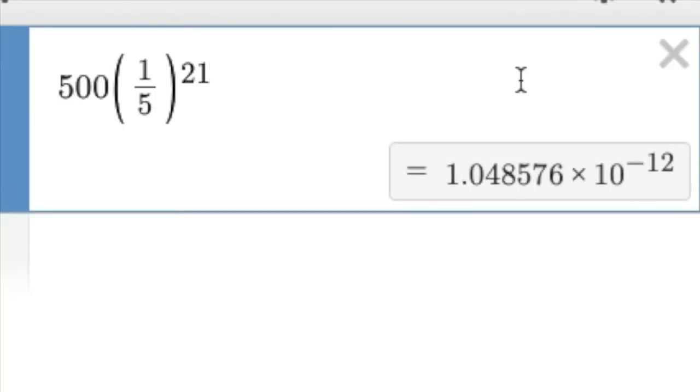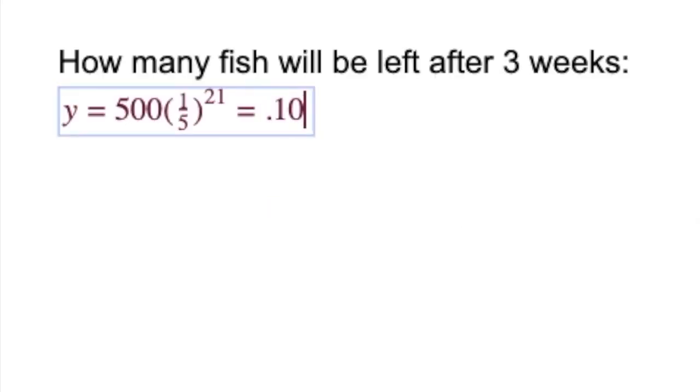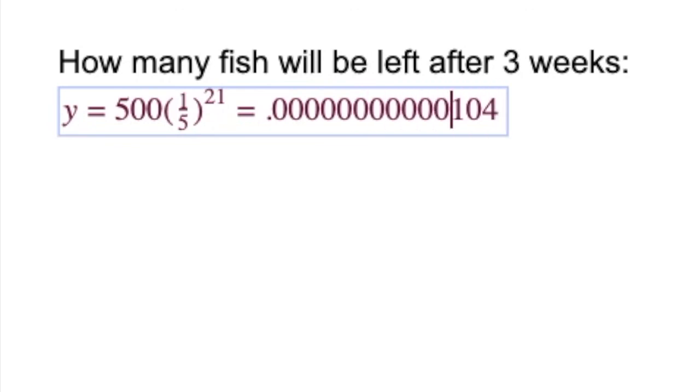And then when I type that into Desmos, I get 1.04 with this 10 to the power of negative 12 after it. And whenever you see this, it means the decimal needs to go backwards 12 times. So it goes backwards once to say 0.104, but also it needs to go backwards 11 more times. So there needs to be 11 zeros. 1, 2, 3, 4, 5, 6, 7, 8, 9, 10, 11. And so that's the answer.